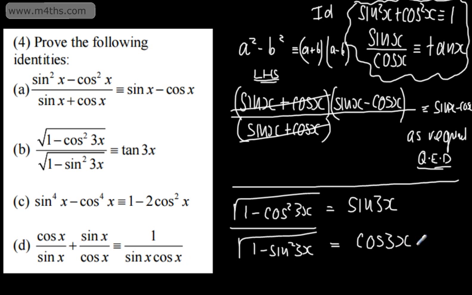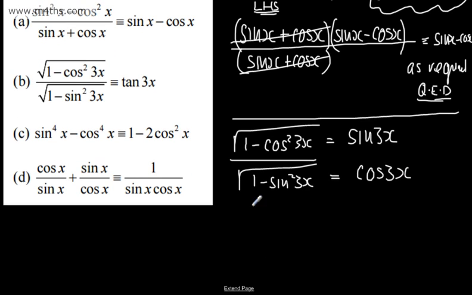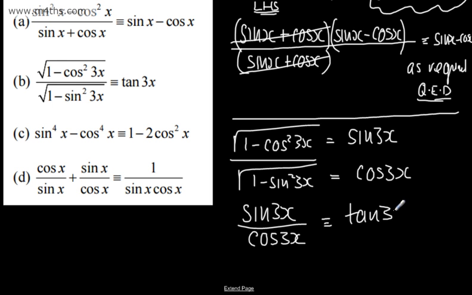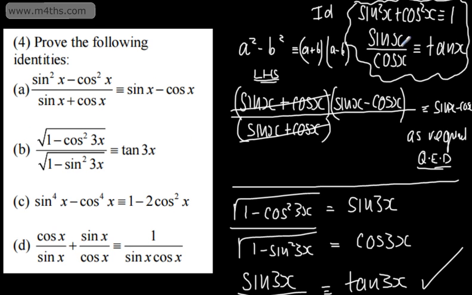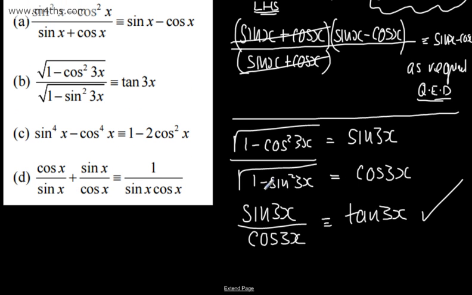So I'm going to write to the examiner that we have sine 3x over cos 3x, and that gives me tan 3x as required. I could write here as required, but we would need these references here at the top to show that we've done that.